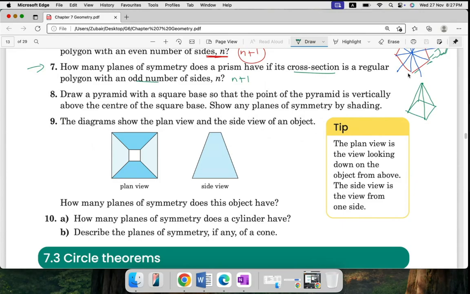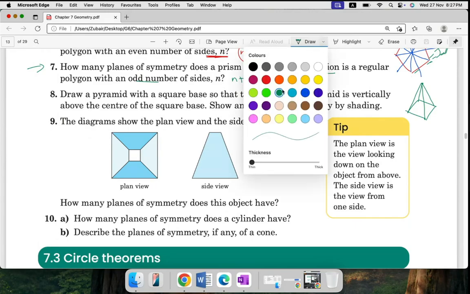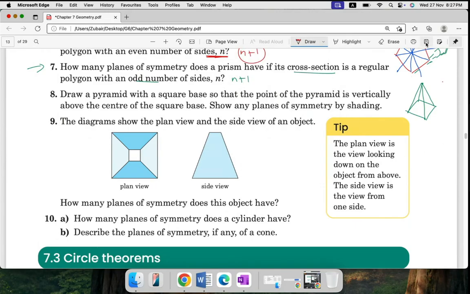Wait, no. One, two, four. Or Haris, we would need your help. What do you think? Two or four. Either. Sir, I think it has either two or four.